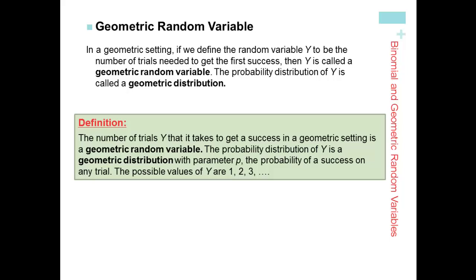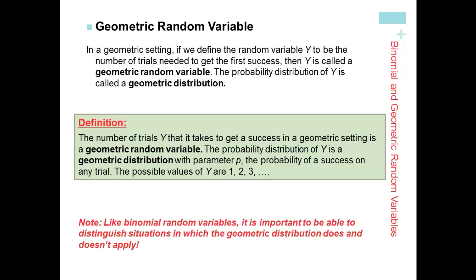The probability distribution of y is the geometric distribution with parameter p, the probability of success on any trial. The possible values of y are 1, 2, 3, and this would continue on forever. Note, like binomial random variables, it is important to be able to distinguish situations in which the geometric distribution does and does not apply.